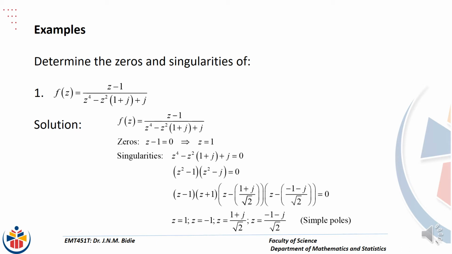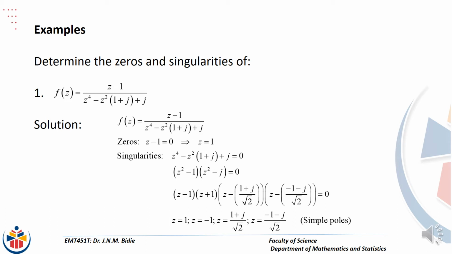In order for you to find the factors of z squared minus j, we use De Moivre's Theorem, which helps us to find the two roots, z equal to 1 plus j over the square root of 2, and z equal to minus 1 minus j over the square root of 2. Or it could just be 1 plus j into the square root of 2 over 2, minus 1 minus j into the square root of 2 over 2.